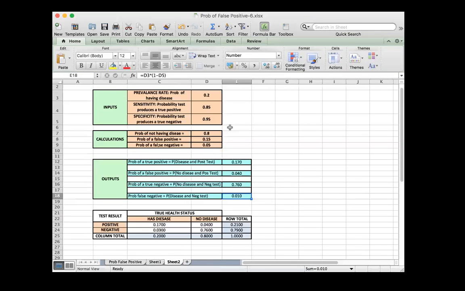I'm sorry, I have all these notes here. I'm trying to see if I'm looking at the right one. For the false negative on my notes, I actually have 0.03.